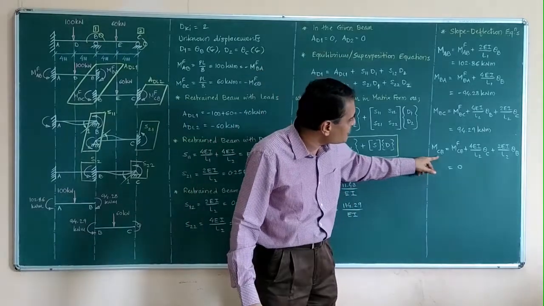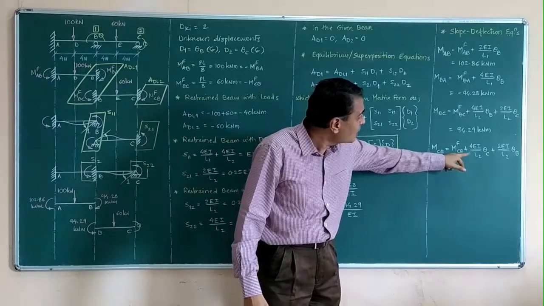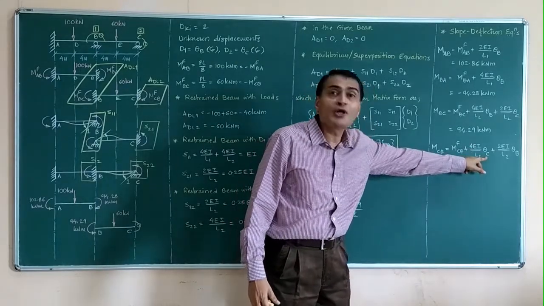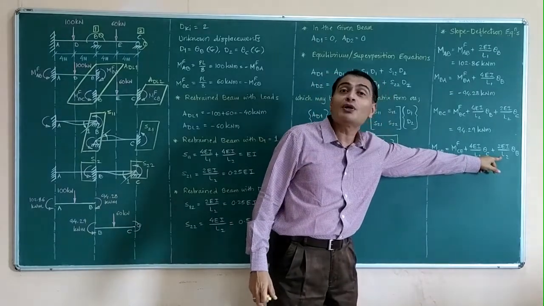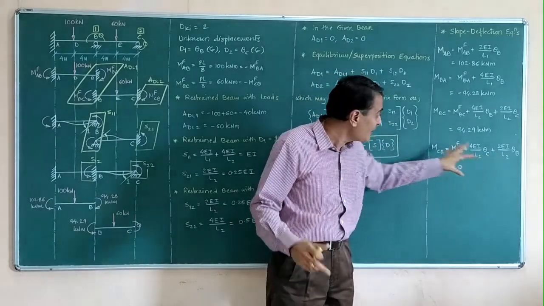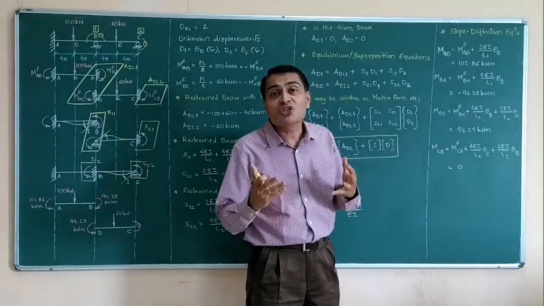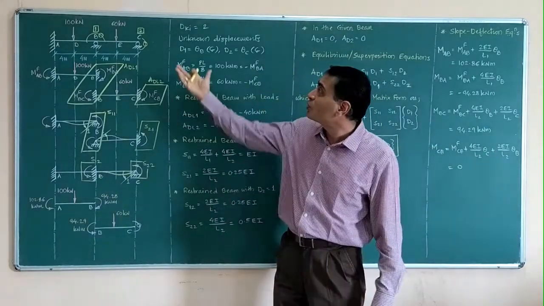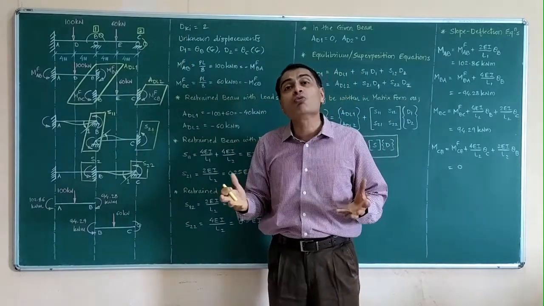So I am saying M CB is equal to MF CB plus 4EI upon L2 into theta C near end plus 2EI upon L2 into theta B far end, and on substitution I am getting 0, which is what we are expecting, because this is an exterior roller where bending moment has to be 0.